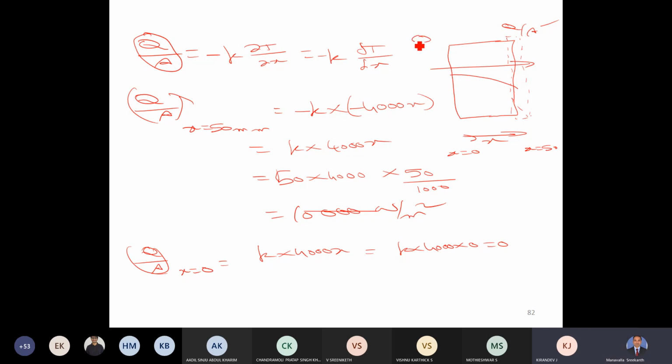So basically this particular wall is having a 0 heat flux. So there is actually no heat transfer. That means it is behaving as an adiabatic surface. So dT by dx at this point is 0.